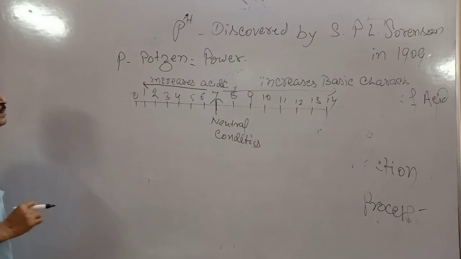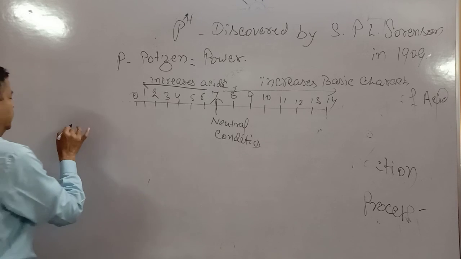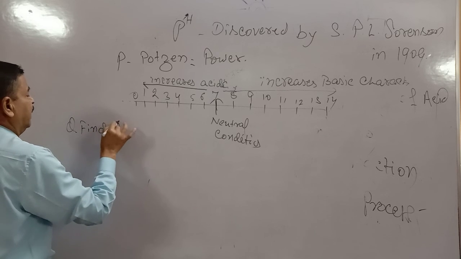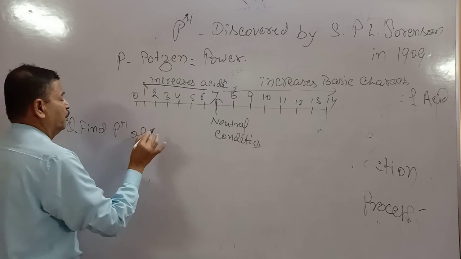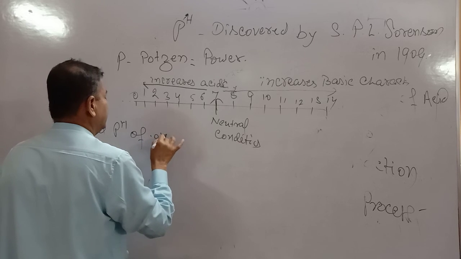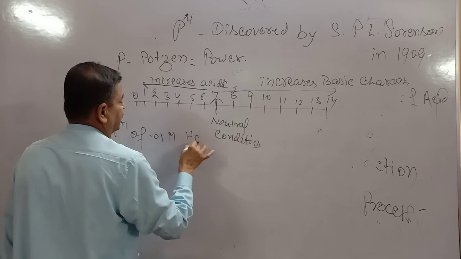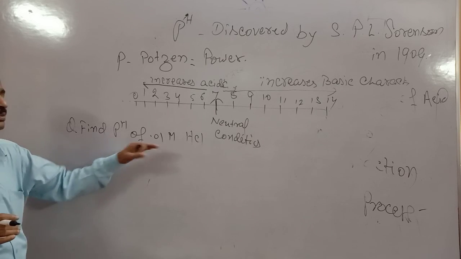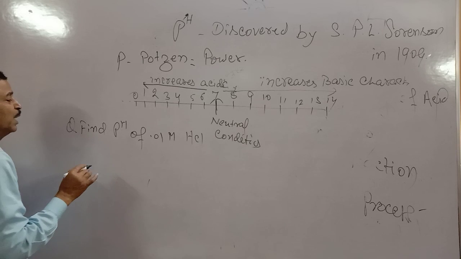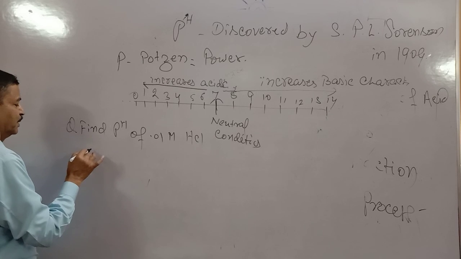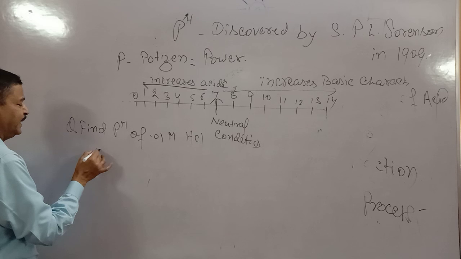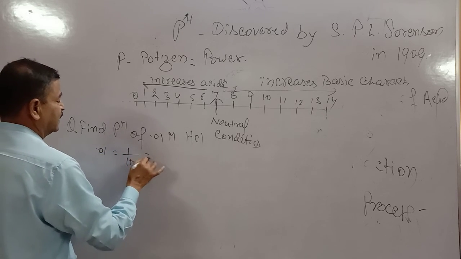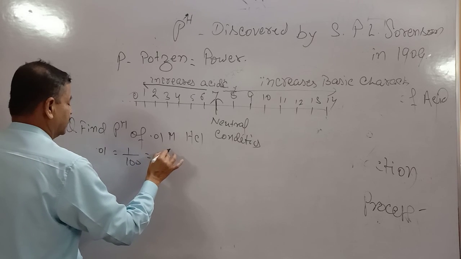There are certain questions that ask to find the pH of 0.01 M HCl. To find the pH value of the solution, we take the molar concentration. So the strength 0.01 means 1 by 100, that is 10 to the power minus 2.